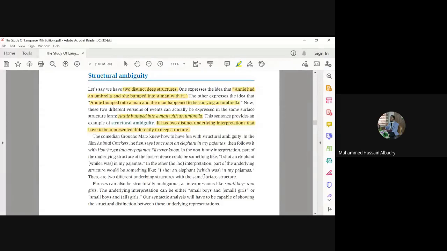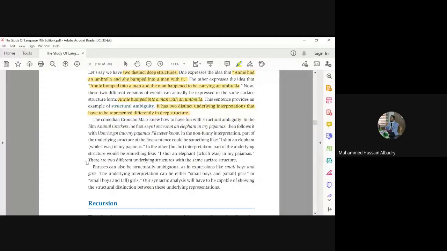Or he loves his wife, but here she does not love the dog, and his love for the dog is more than his wife loves the dog. You see? This is the interpretation. These are deep structures in your mind.